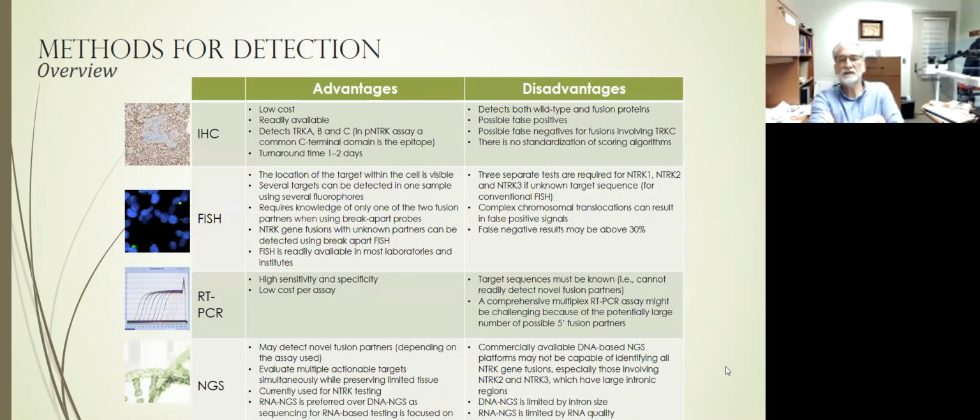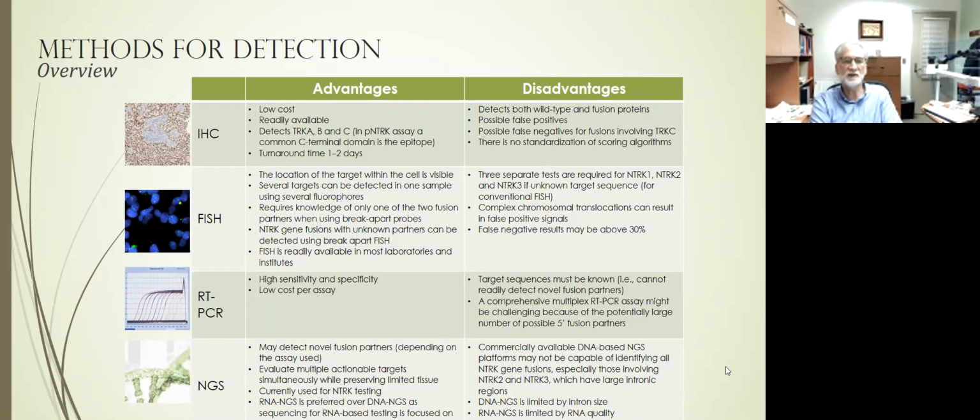What we have here is a way to identify these fusions. There are certainly different methods that detect different parts of the fusion. The protein product is detected by immunohistochemistry.